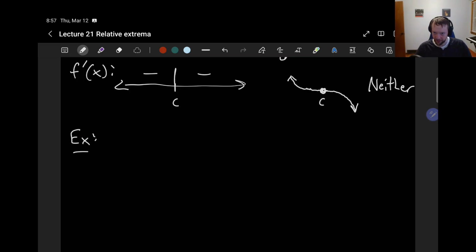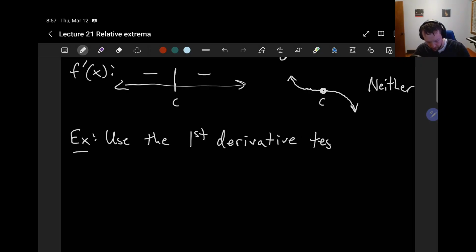All right, finally, let's do some real functions with these expressions. Now that we have first derivative tests, we don't even need graphs to find these maximums and minimums. So we use the first derivative test.